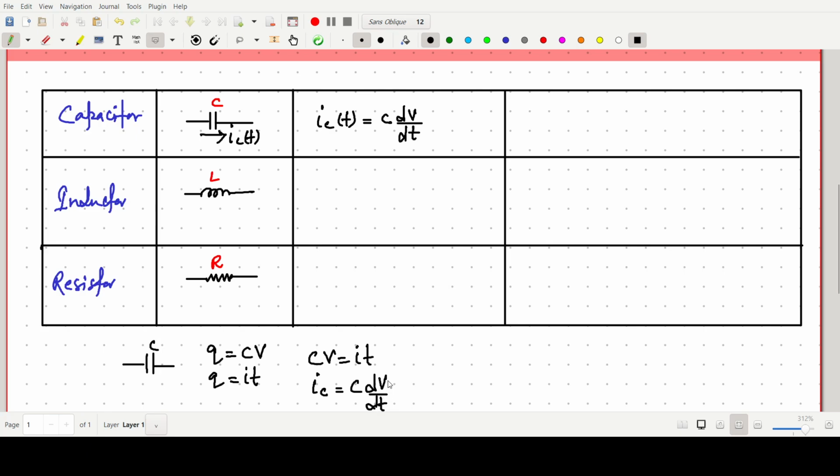This is the trick to remember the current in the capacitor in the time domain. We can write this as the time domain expression. Is it okay? Now this one is our frequency domain.